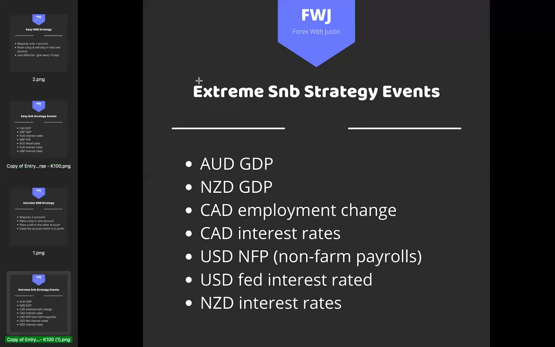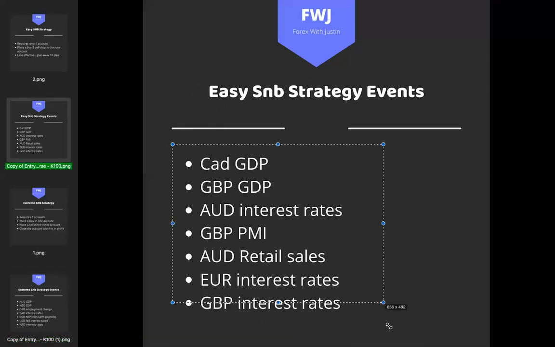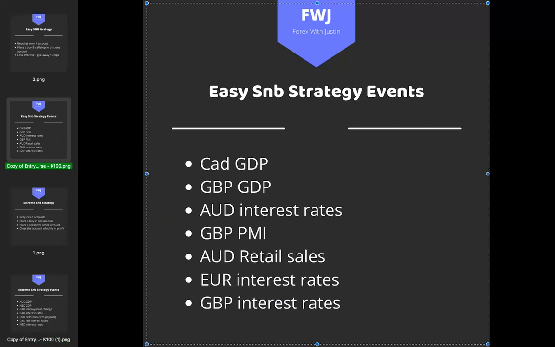Then the other strategy, which is called the Extreme SMB, also has its own list, but you shouldn't mix the strategies up. I'll explain why you shouldn't. Okay. But anyway, for now, this is the only list that you should be using for the AZSMB. So what I'll do is send you a screenshot of all this on WhatsApp so that you can use it as a reference.